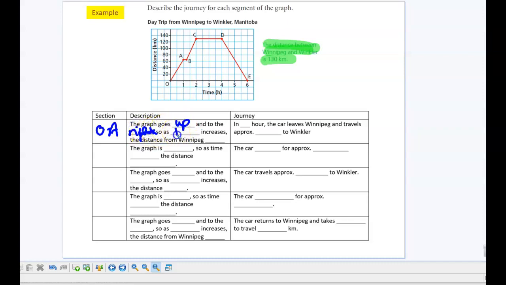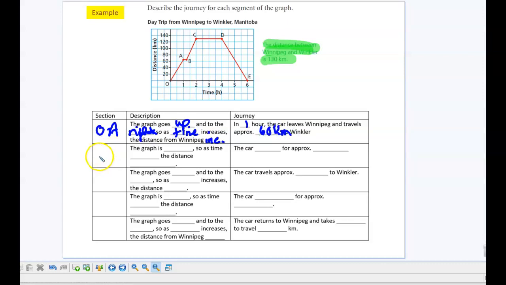So as time increases, the distance from Winnipeg also increases. So it looks like for that segment of the journey, in 1 hour, the car leaves Winnipeg and it travels approximately 60 kilometers towards Winkler.